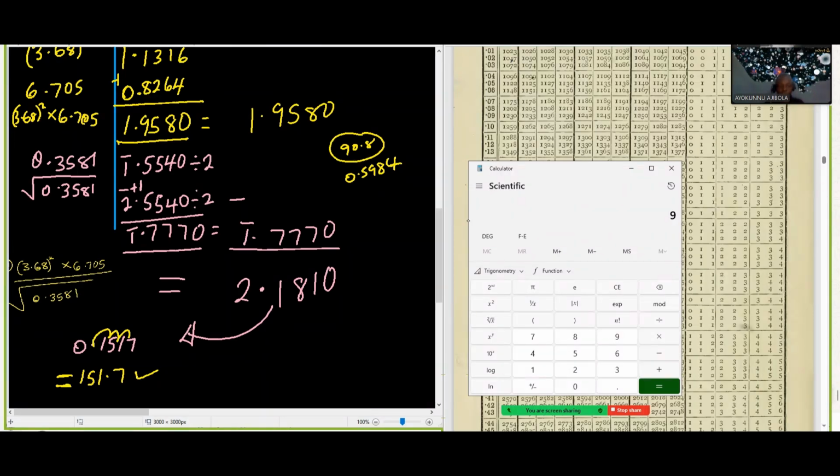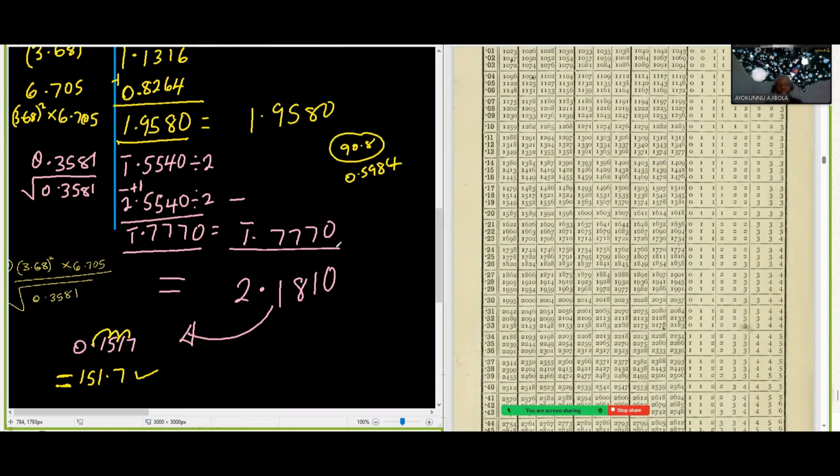So 90.8 divided by 0.5984 gives me 151.7. You see the answer is the same thing, right? Yes. So that means whichever method we use, it's still going to be the same thing.